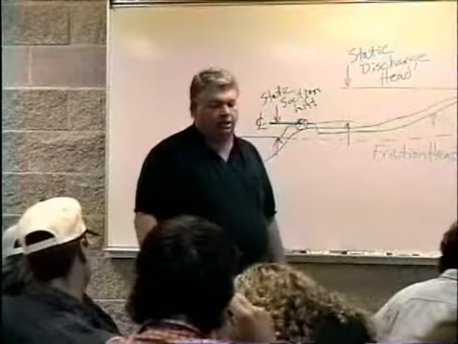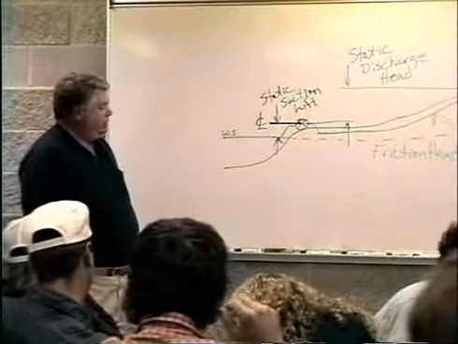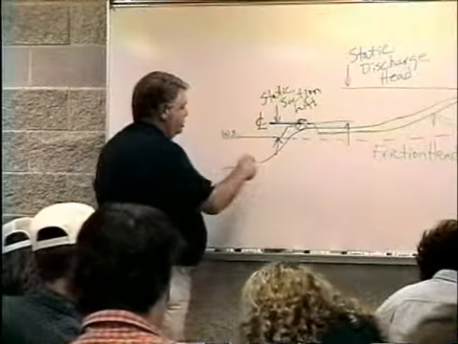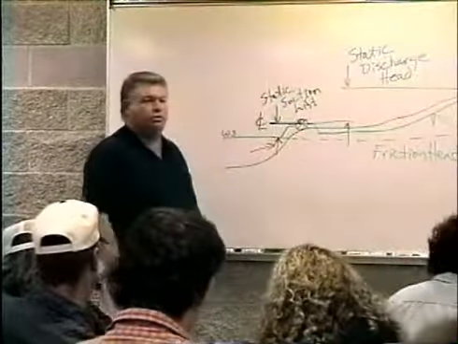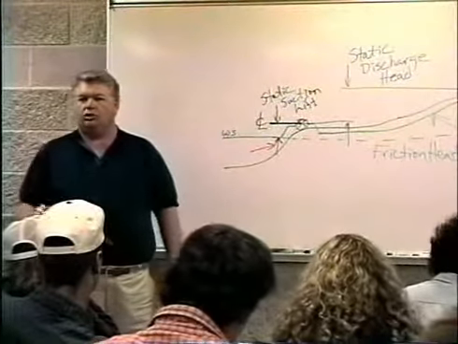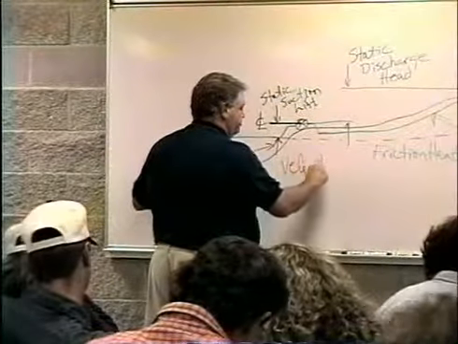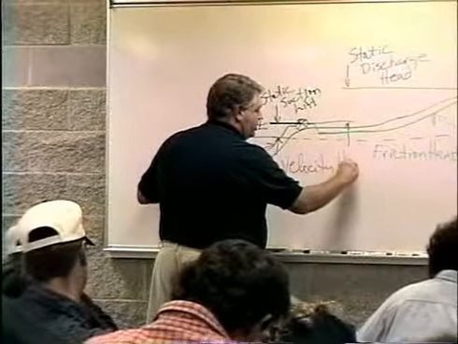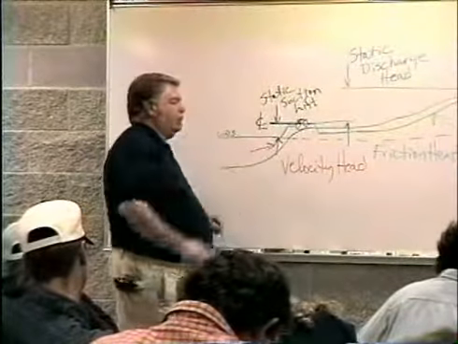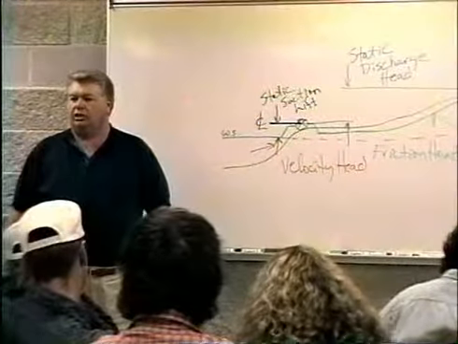And last but not least, to get us through this beautiful design, we have to have a certain amount of energy pushing on that water to get it into the suction pipe itself, get it moving. We have to start the water moving, and that is the velocity head. That's getting the water from just sitting here in the pond to start moving up the pipe. It takes a certain amount of inertia to do that, and we call that the velocity head.